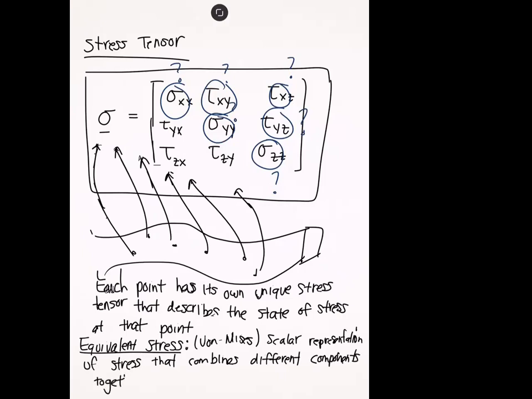What it does is take the 6 components and plug them into a formula, and it gives you just one value of stress that combines the contributions from all 6 components.